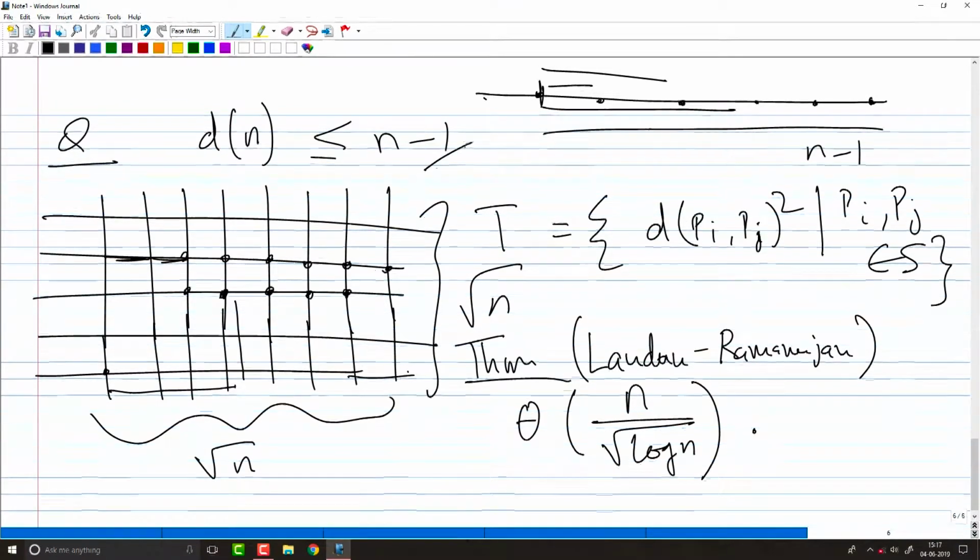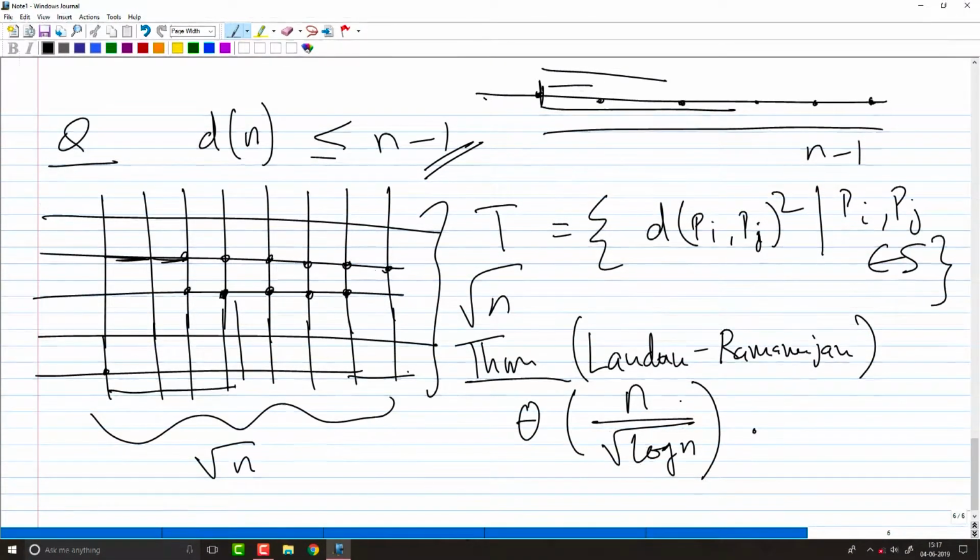So the trivial bound was linear in n. If I take these n points, how many distances can I get if I use this result? Here the squares of the distances are between 1 and n, and each is i squared plus j squared.